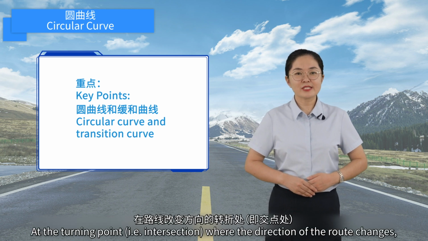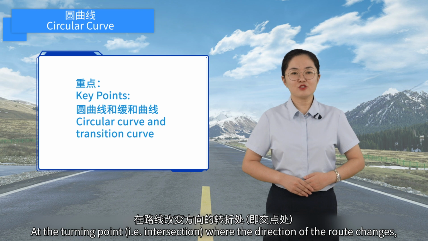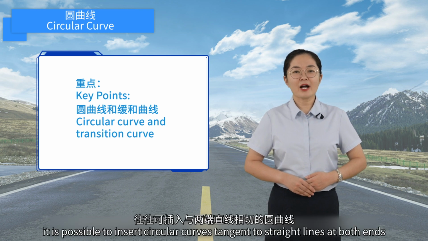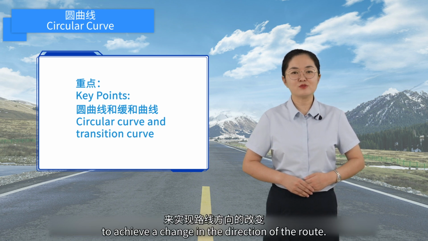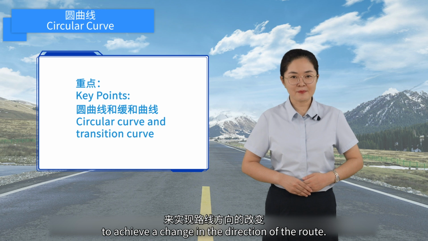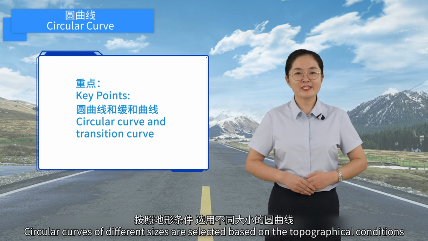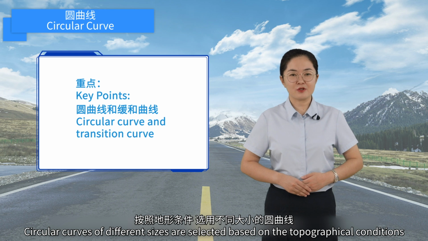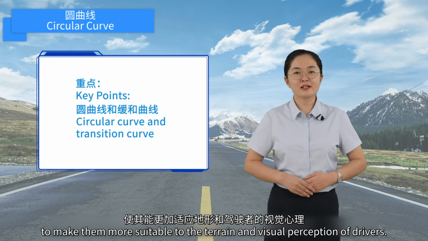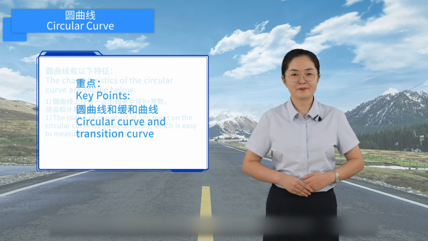At the turning point, i.e., intersection, where the direction of the route changes, it is possible to insert circular curves tangent to straight lines at both ends to achieve a change in the direction of the route. Circular curves of different sizes are selected based on the topographical conditions to make them more suitable to the terrain and visual perception of drivers.